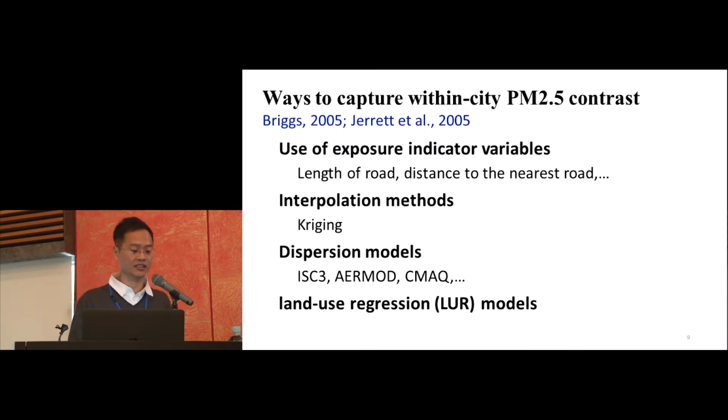Second, we can use an interpolation method such as kriging. We can even use a more complicated model like an air dispersion model, such as the ISC3 model, AERMOD model, CMAQ model. It was frequently used in the US and also in Taiwan.